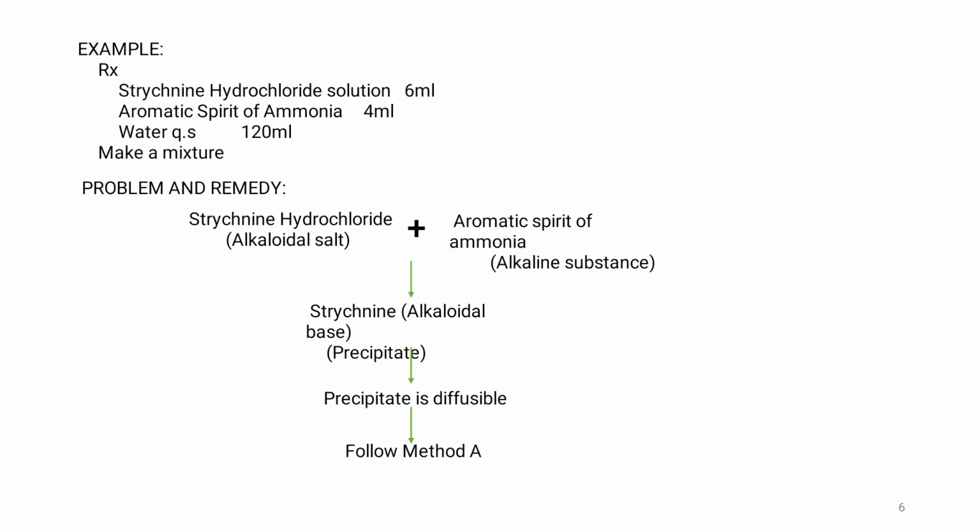Here the problem is that strychnine hydrochloride solution is an alkaloidal salt, and aromatic spirit of ammonia is an alkaline substance. While they are mixed together, they react and the alkaloidal base gets precipitated.